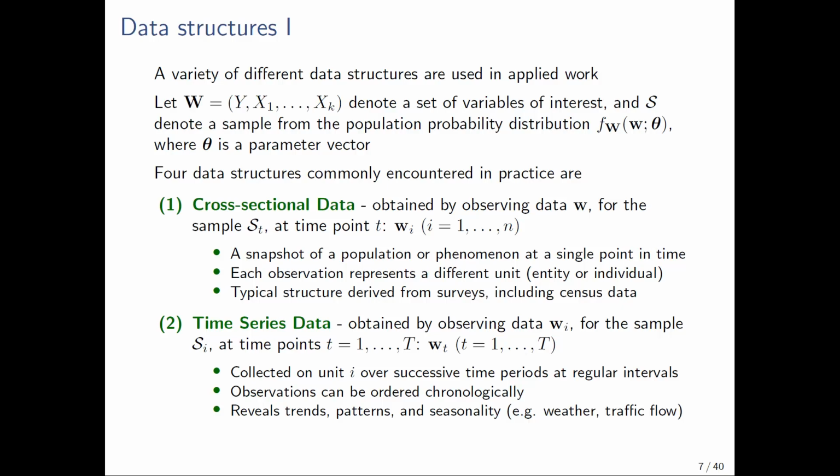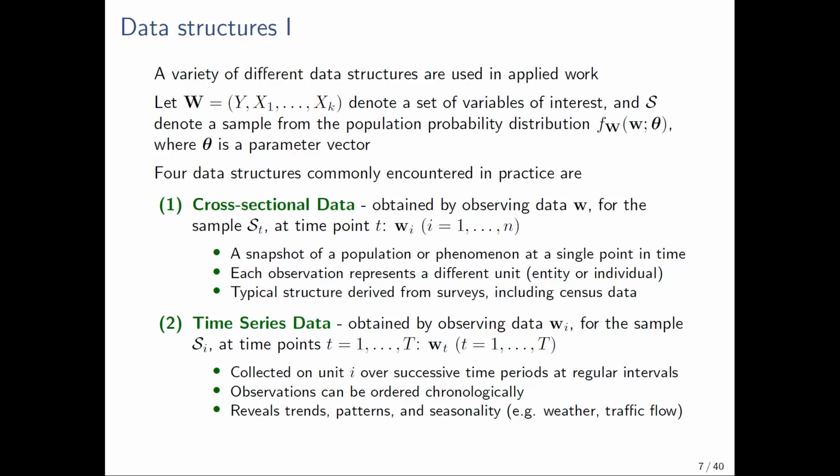Each observation represents a different unit, that could be some entity or an individual. This is the typical data structure derived from surveys, including census data. That would give us a data sample that reflects census households, for instance, at one single point in time. That's cross-sectional data, one single point in time.